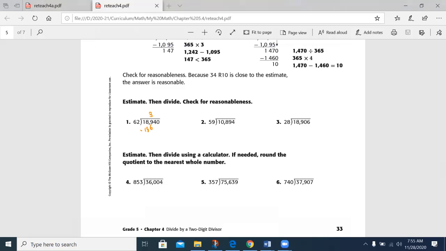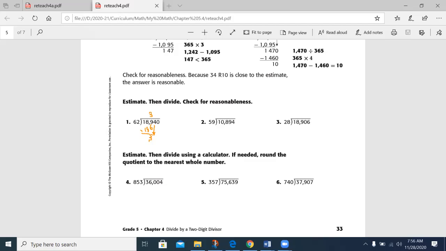I subtract. I got a 3. Notice I didn't divide 18,940 by 62. I just divided 189 by 62. And that's something to remember when trying not to be panicked by these numbers.